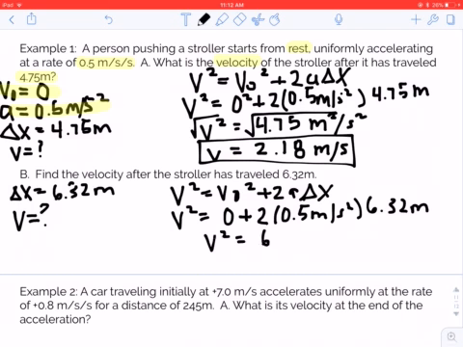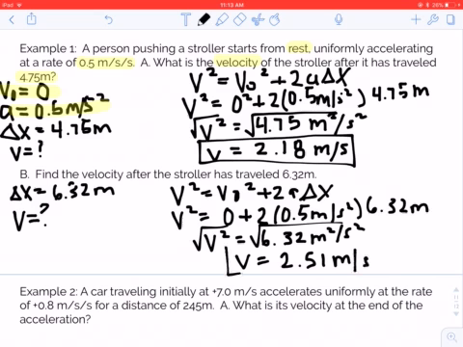I get 6.32 meters squared per second squared. Take the square root of both sides. I get 2.51 meters per second as my final velocity.